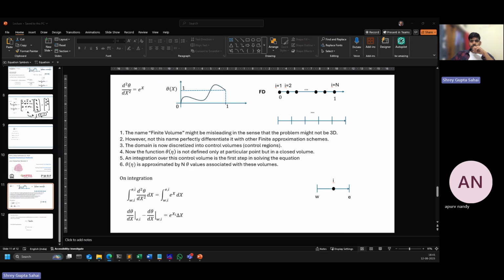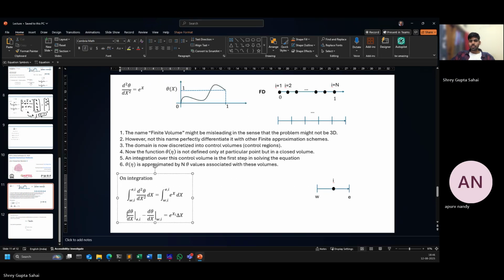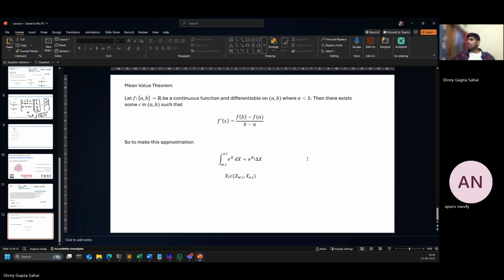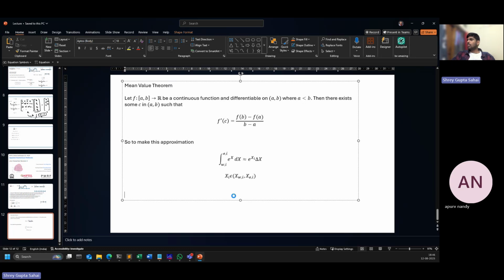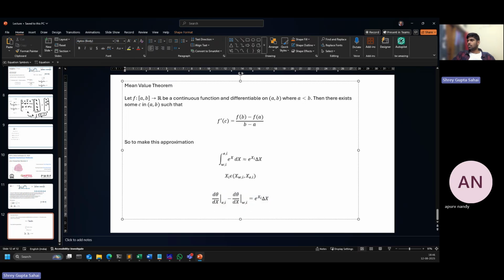Okay, so now, wait a second. I think this is what you were pointing out, that we need to approximate. I see your point now, that we need to substitute these terms, and we'll use boundary nodes to approximate them, just like in finite difference. That's true.